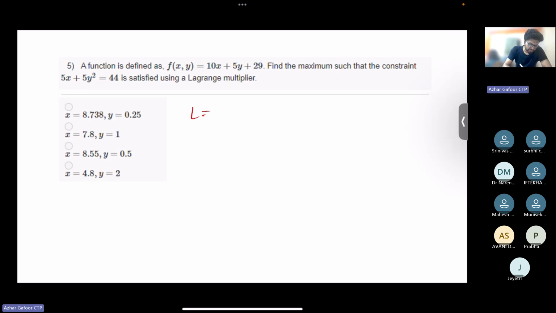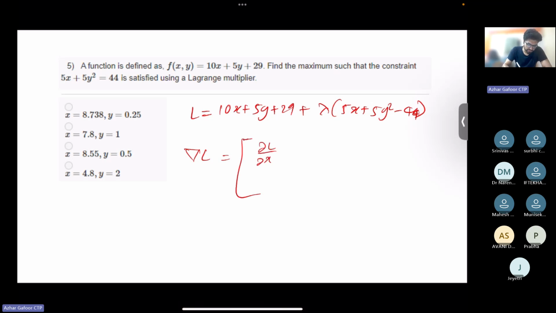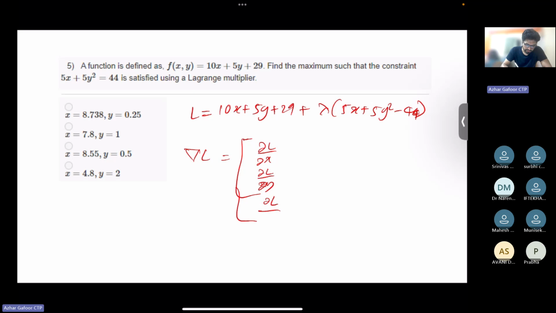So L can be written as f of x plus lambda into the constraint. Now we have delta L equal to dou L by dou x, dou L by dou y, then dou L by dou lambda.